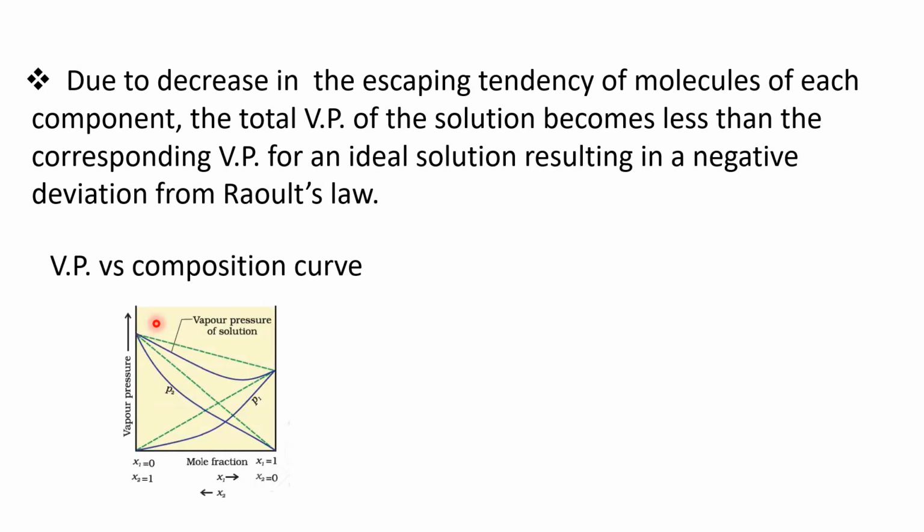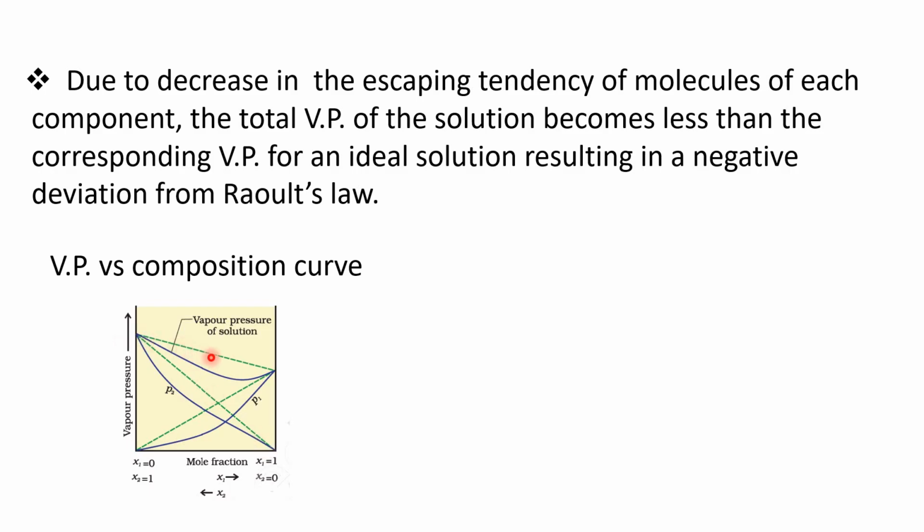So, if we see the vapor pressure composition curve, this dotted line indicates the partial vapor pressure of component 1 if it behaves ideally, but actually the partial vapor pressure is a little less for such a solution. Similarly, this dotted line indicates the partial vapor pressure of component 2 in this solution of different composition if it behaves ideally, but actually this partial vapor pressure is less than this one.